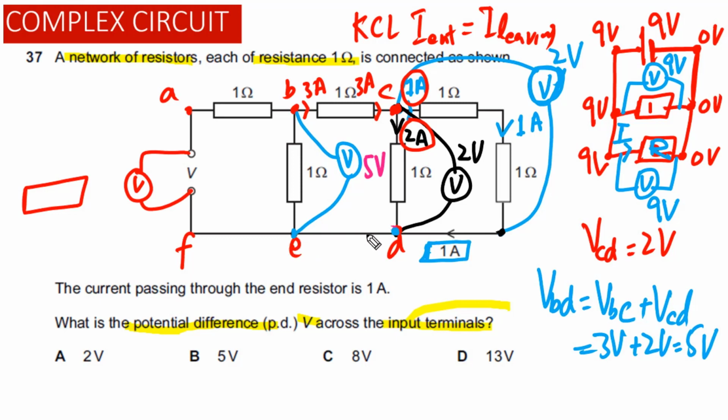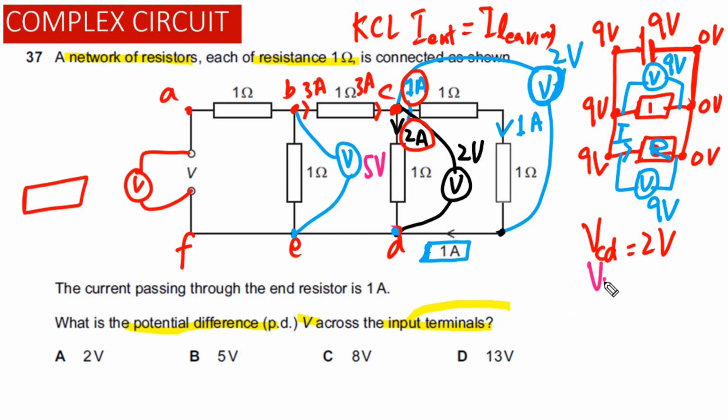There is no voltage drop, there is no energy loss. So we can say the BD is also equal to the potential difference across BE. So we have found the potential difference across BE, that is equal to 5 volts. Means potential difference across this resistor is equal to 5 volts. So how much current is passing through this one? So we can simply find that is equal to 5 amps.